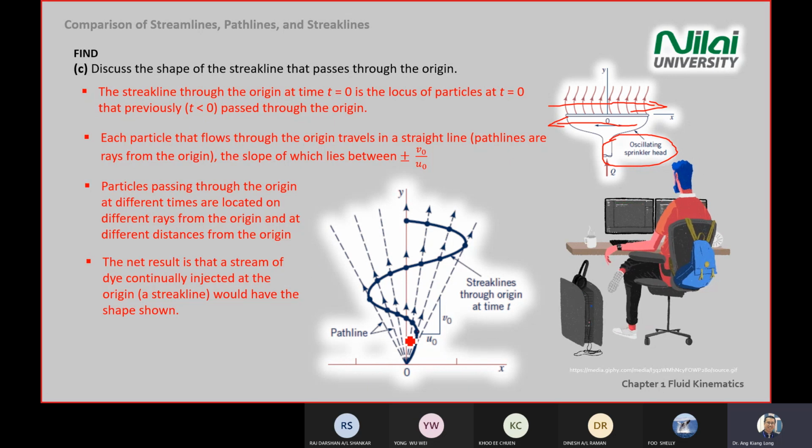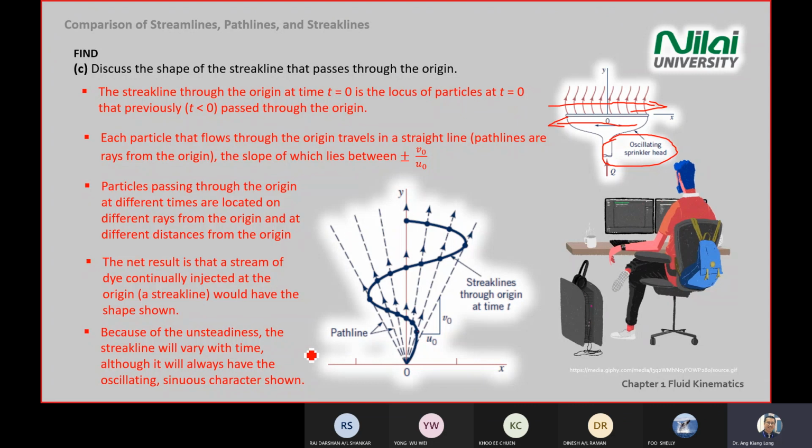If you combine all the motion photos, you will see the straight lines that you see on the picture here. It will be like a dye shape when you spray dye into the air. So you have this sinusoidal form.